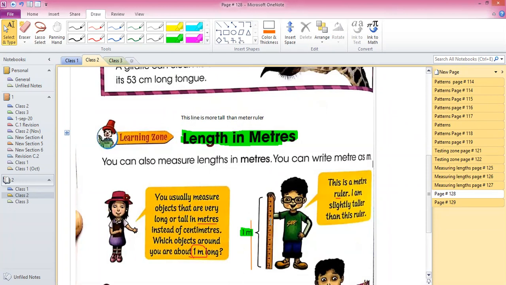So if I ask you, students, check the height of this line. Is it taller or shorter? Is the height of this line bigger or smaller than the ruler? So what will you say, guys? Taller or shorter? Line height.